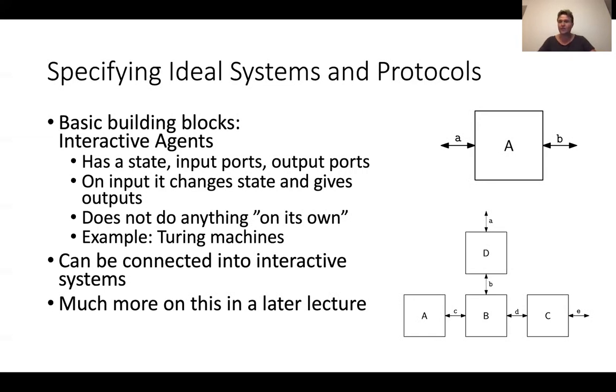An example of that you might have seen earlier in your life is Turing machines. They're an example of I/O automatons. They get inputs, update their state, produce outputs. But there are many more pleasant formalisms for writing down I/O automatons.